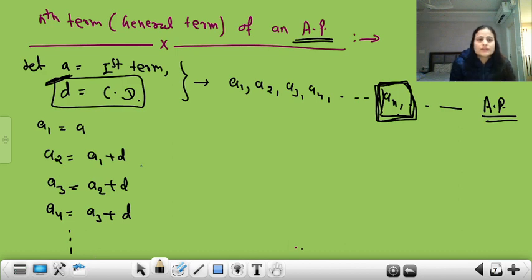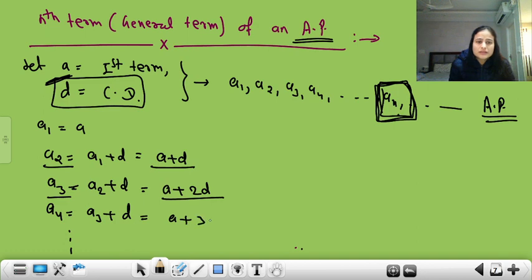Right, children? Look at it here, I can put the value of a1, so this is nothing but a plus d. So my a2 is nothing but a plus d. Now put the value of a2 here. a2 is a plus d, so a plus d plus d is a plus 2d. So this a3 is nothing but a plus twice d, right? Put the value of a3. a3 is a plus 2d, so that is a plus 3d, right?